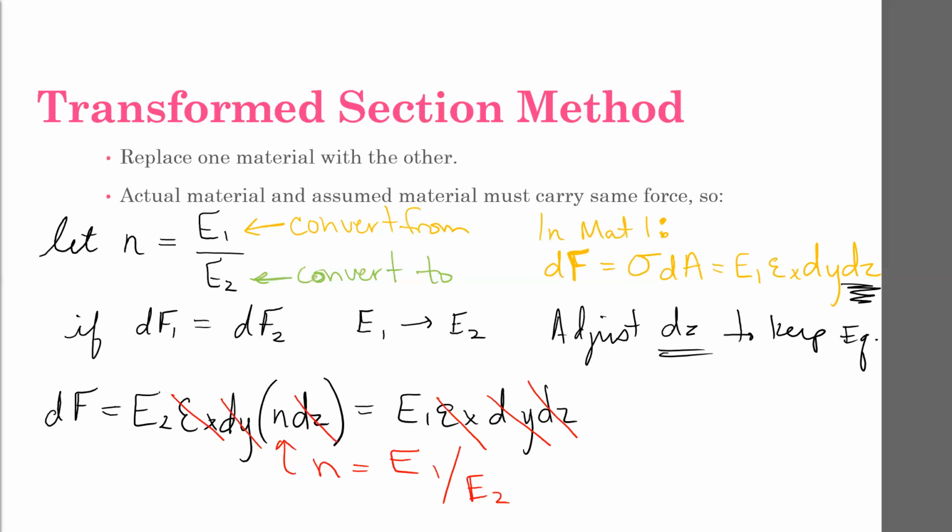What I'm saying is if dF1 must equal dF2, then changing the E value means we must adjust dz. That's what I'm trying to say.